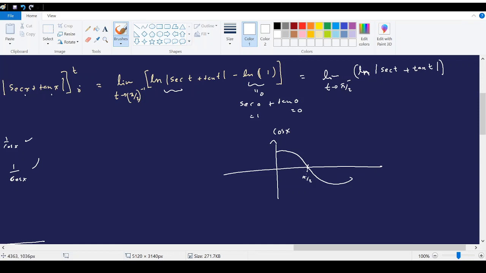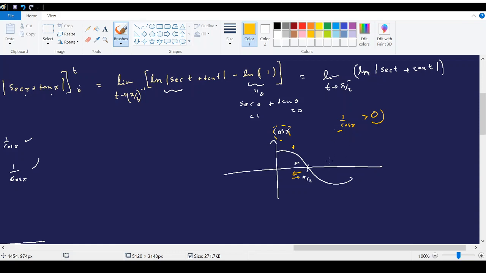That means for all the values to the left of pi by 2, cos x will have positive value. That means 1 over cos x will also be a positive value. But when approaching pi by 2, cos x will maintain its positivity, but the value will be reduced. In other words, 1 over cos x will be increased positively because the denominator is a positive number.